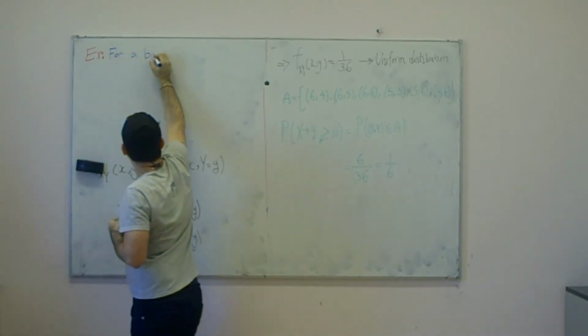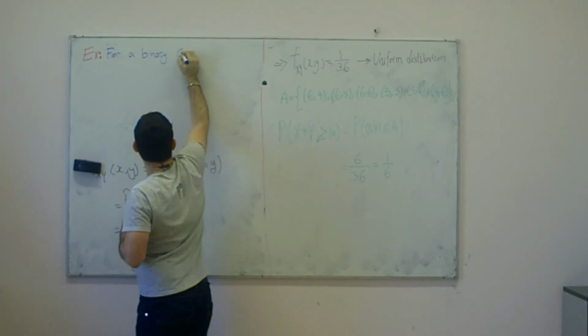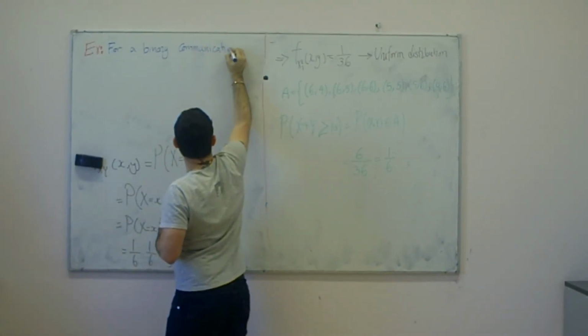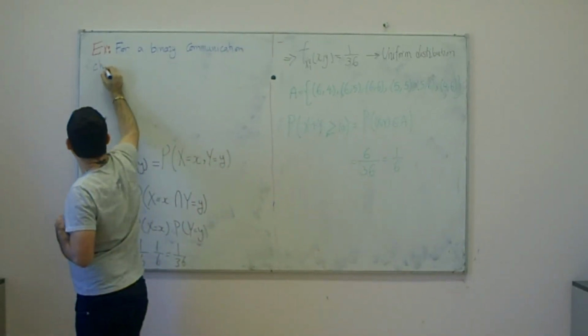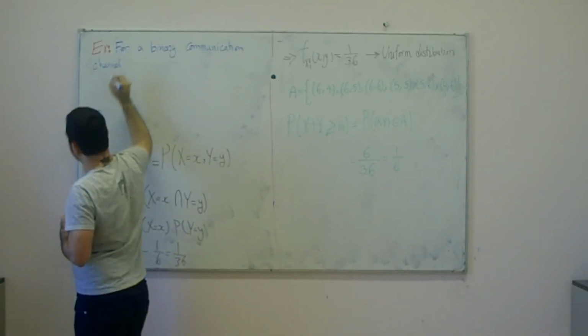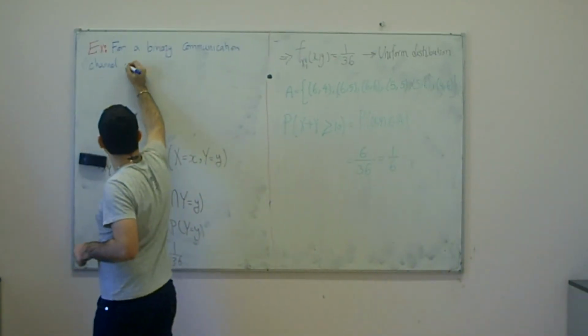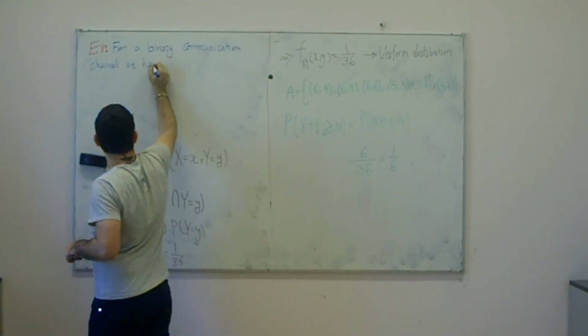For a binary communication channel, we have this joint distribution.